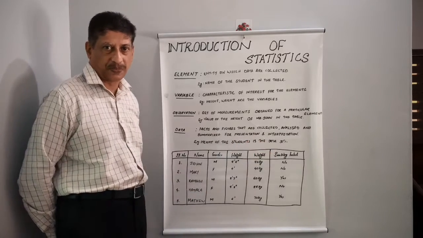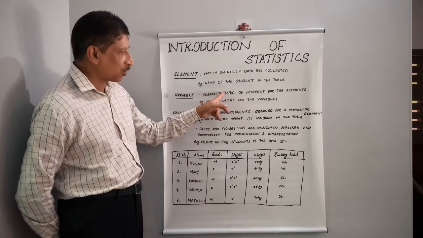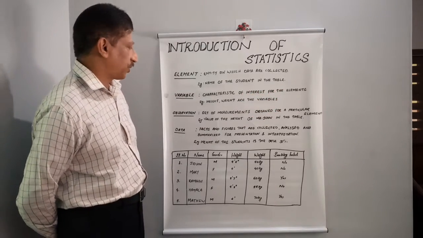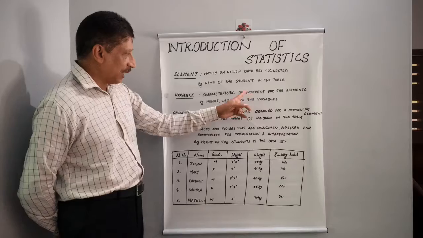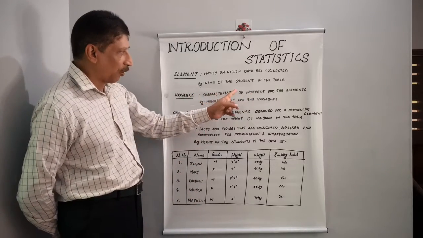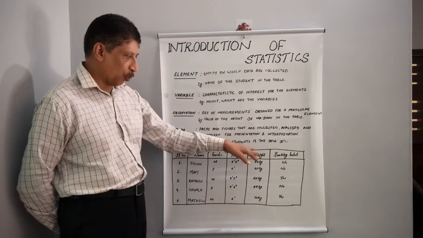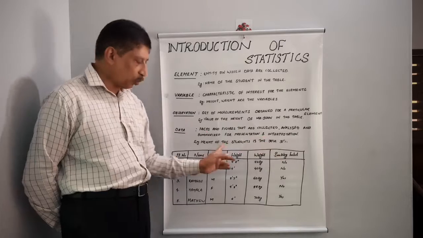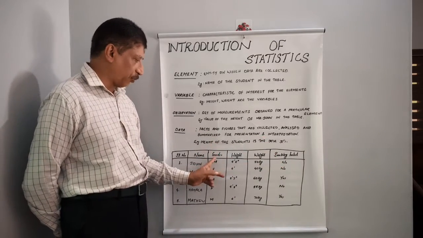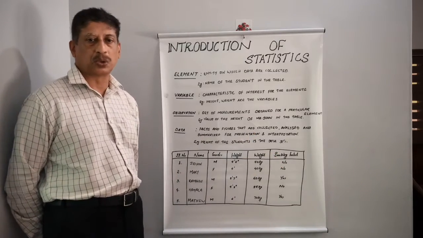A variable is a characteristic of interest for our elements. So the height is a variable, gender is a variable, weight is a variable and the smoking habit is also a variable.